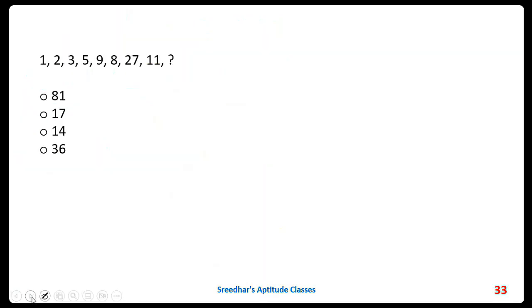Okay, next one. In the series of numbers, there is one number missing. Find the next number in the series. As I said, when there are too many numbers, go for alternates.